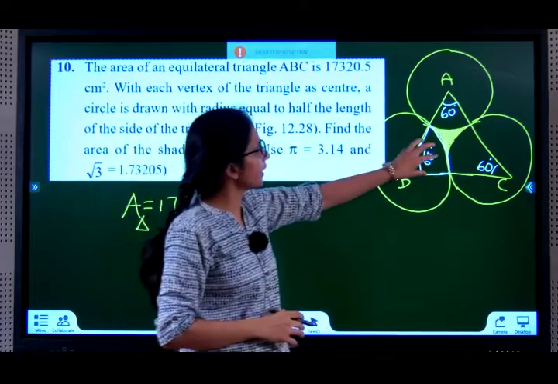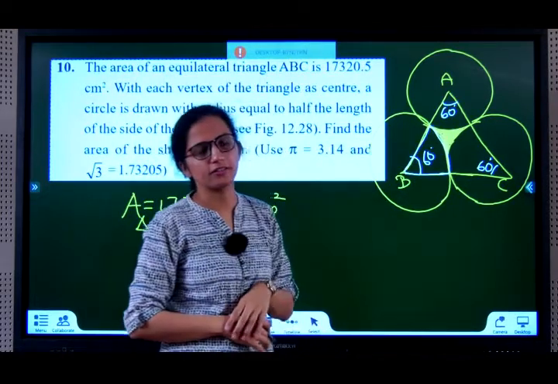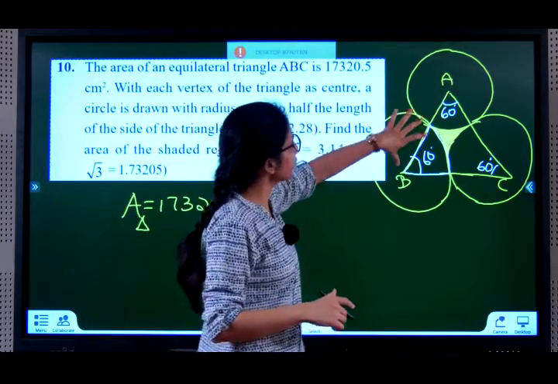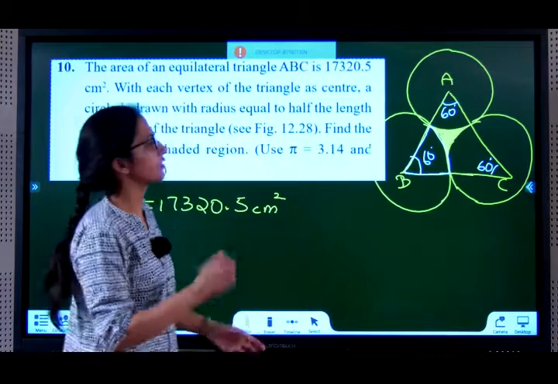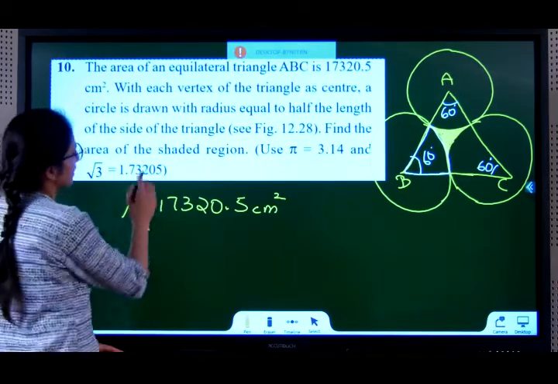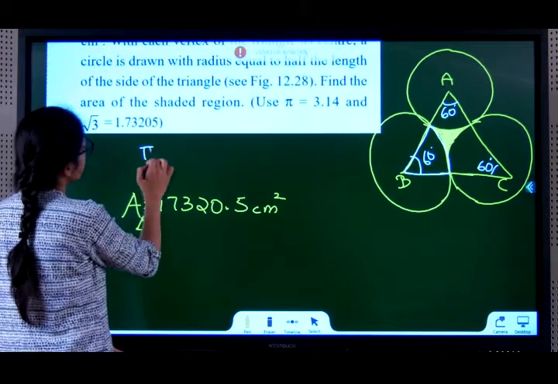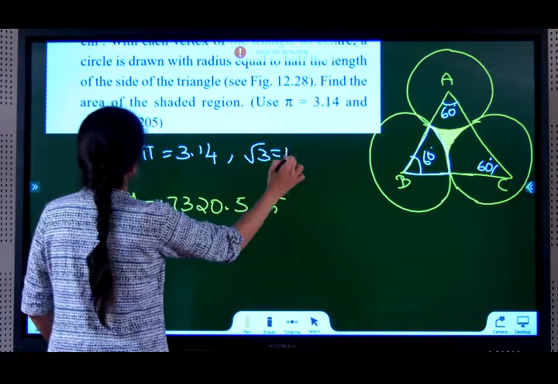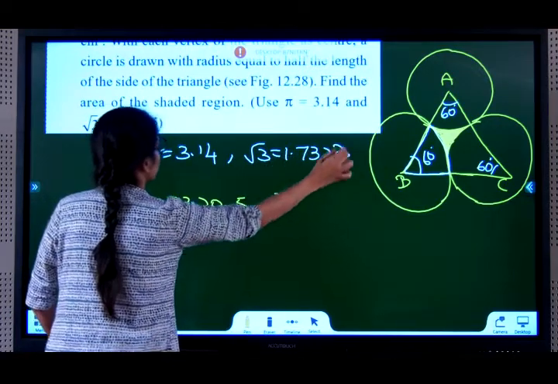But to find the area of the sector, I need the radius of the sector. I don't know the radius, but I know the radius is half of the length of the side. I don't know the side length. So the first point is to find out the side length. They have told to take pi as 3.14 in this question and root 3 as 1.73205.